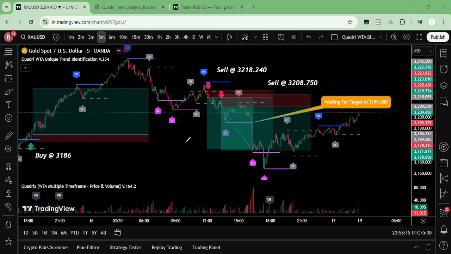I'm not getting into the detail of how I identify this tool or how I use this tool, because that is in my ongoing course. Whoever wants to master the modern unique trend identification technique, which is not quite common among traders, can join my ongoing course, which started from today.